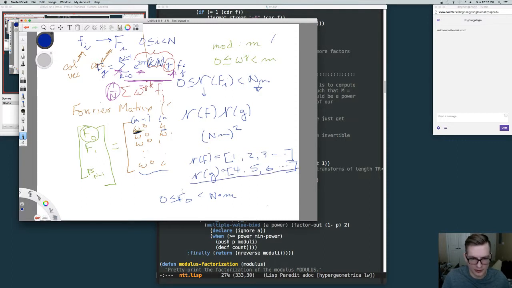When you multiply them, you get 1 times 4, which is 4, 2 times 5, which is 10, and so on. So if the maximum here is nm, and the maximum here is nm, then the maximum for this element would be nm times nm, which is obviously nm squared.